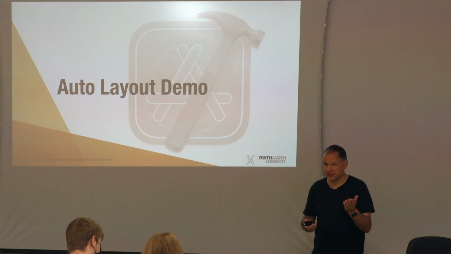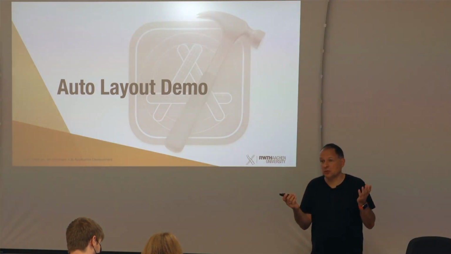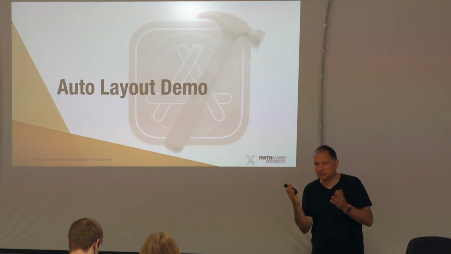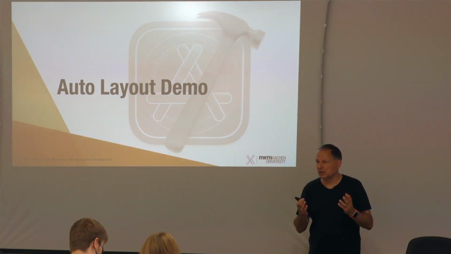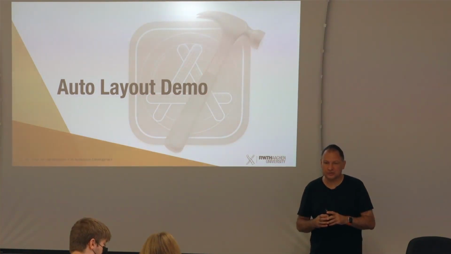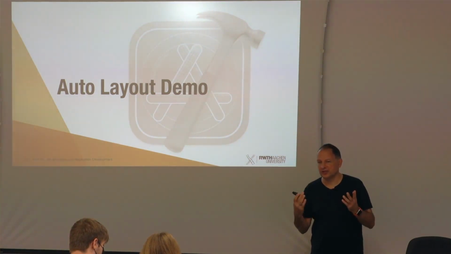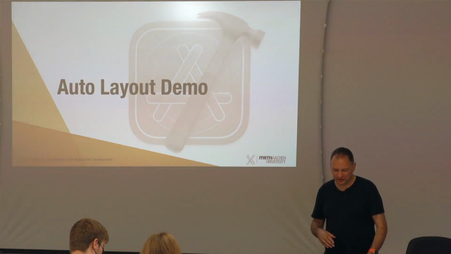Whether it's maybe running in split screen, for example. Split screen creates a whole new kind of aspect ratio and size class, really, that again, apps need to be able to support. So there's no way that you can specify all these cases by hand unless you want to go crazy. So auto layout is your friend.